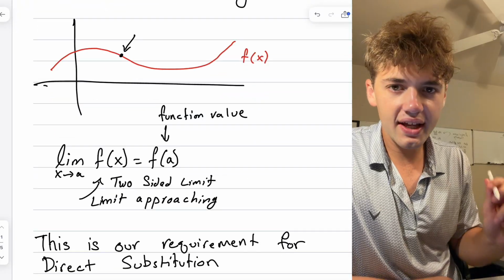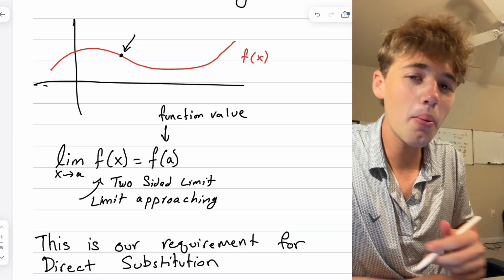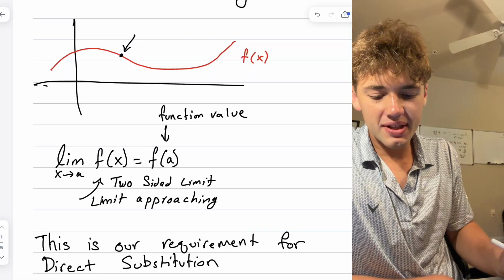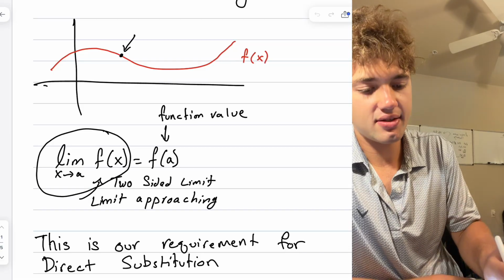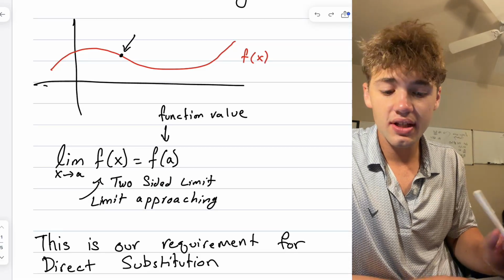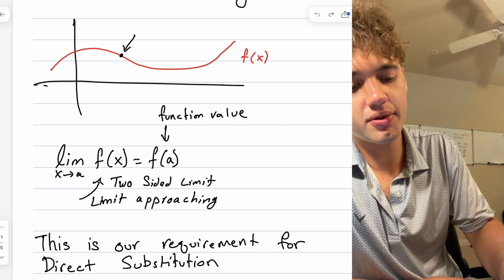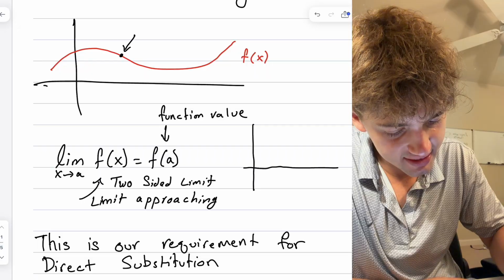So what is continuity? Now I can say that continuity is when you don't pick up your pencil. But the exact way to say it is that it is when the two-sided limit as x approaches a of f of x equals the actual function value defined. So for example, we had discontinuities that look like this.